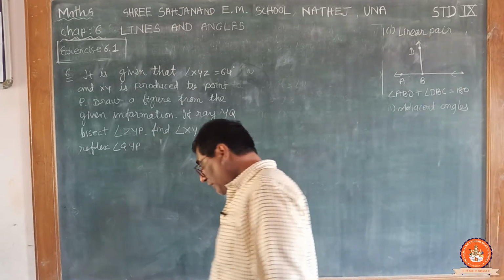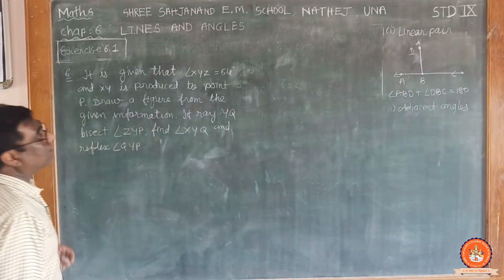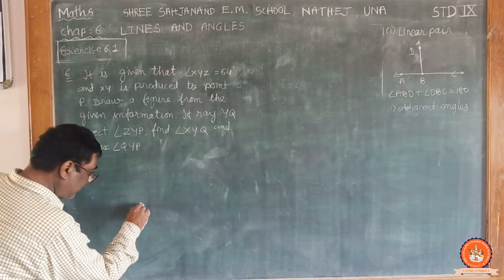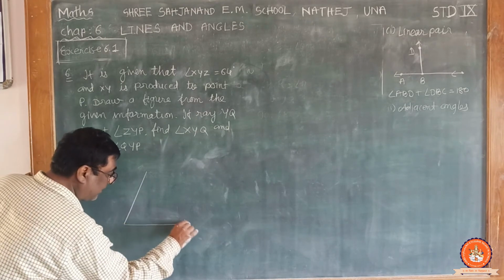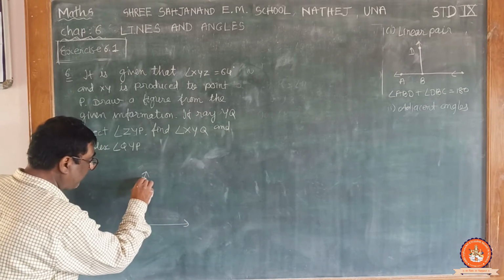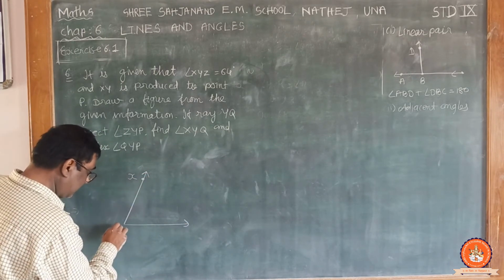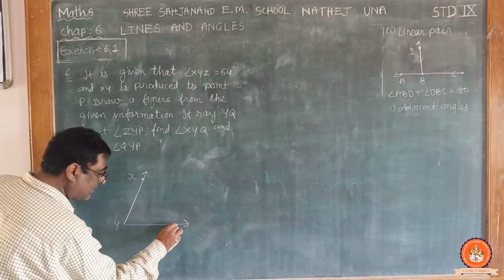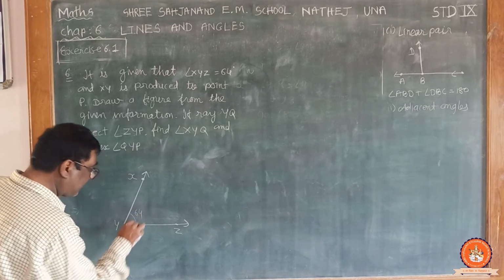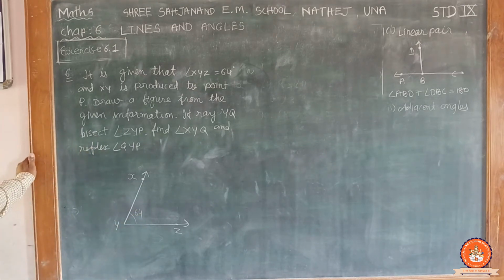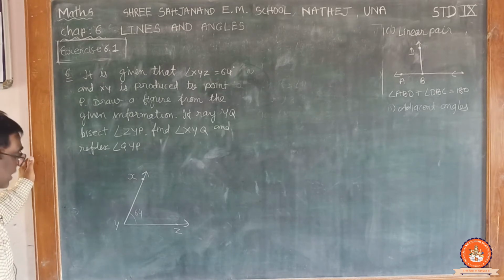Okay, so first of all we will draw a figure. XYZ approximately of 64 degrees. X, here is Y, here is Z. So this is the angle of 64 degrees.